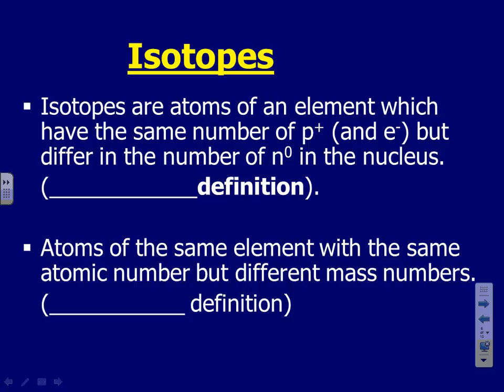Okay. So, isotopes are atoms of an element which have the same number of protons and electrons, if they're neutral, but different numbers of neutrons in the nucleus.